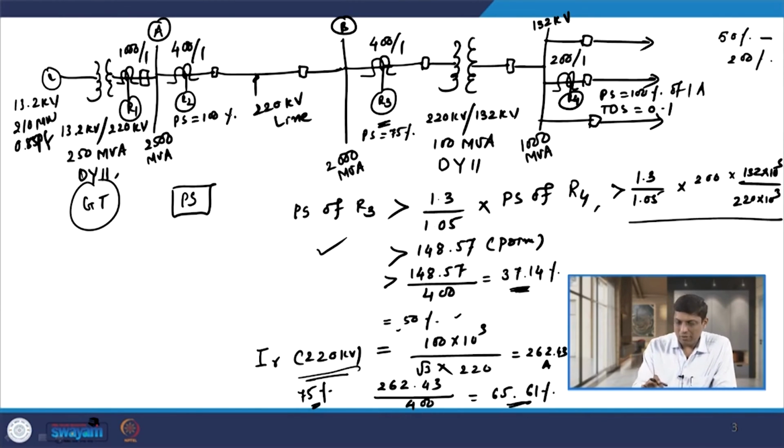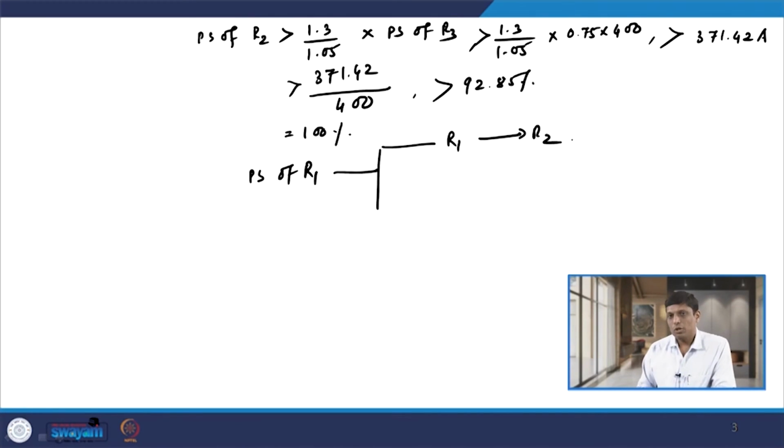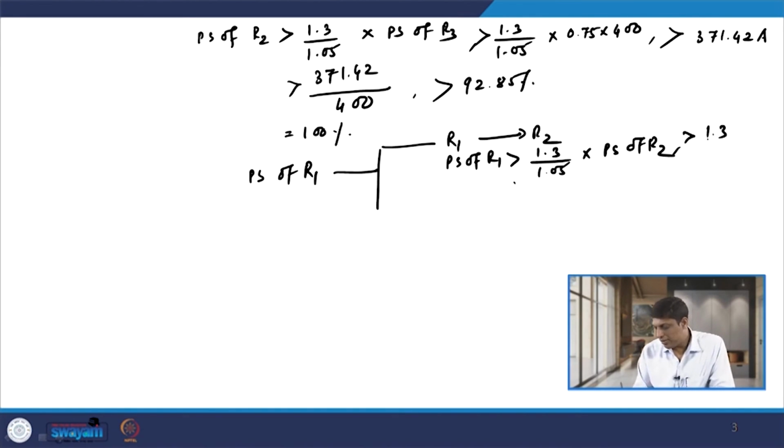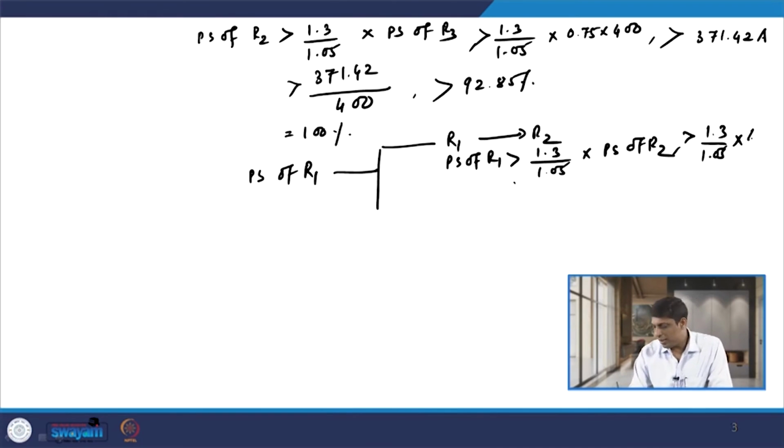The plug setting of R1 can be decided based on again two rules. You coordinate relay R1 with relay R2. So, the plug setting of R1 should be greater than 1.3 upon 1.05 into the plug setting of relay R2. The plug setting of relay R2 is 100% of 400 ampere, that is 400.